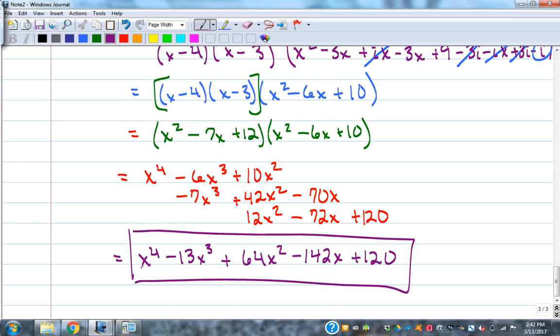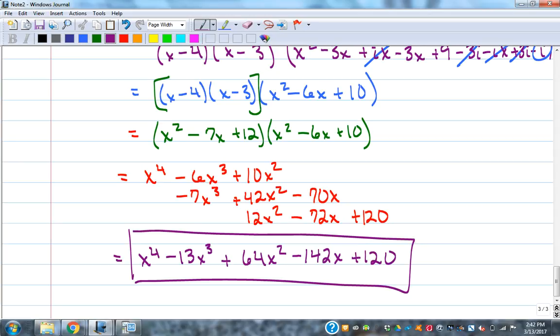How can I check to make sure that's right? What did we do to check for zeros in the first section we talked about today? We graphed it, right? And then see where it crosses.